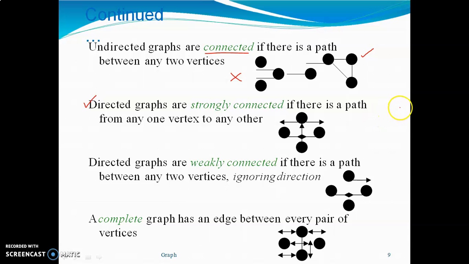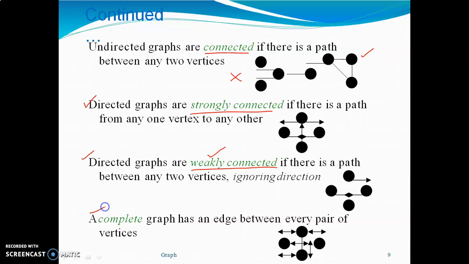In directed graphs, there are weakly connected graphs, where some vertices have a path and some of the vertices do not have a path. That is called a weakly connected graph.